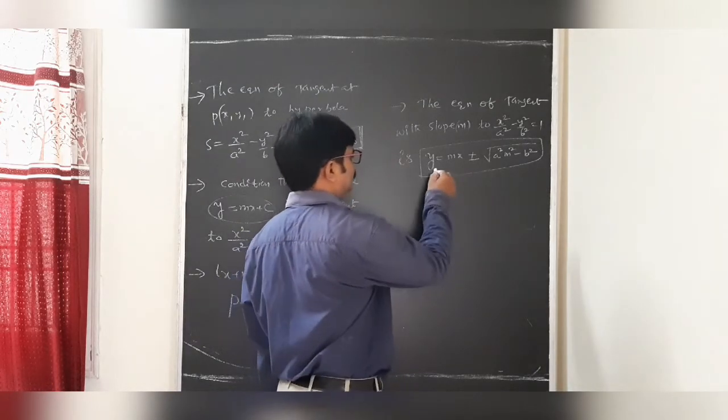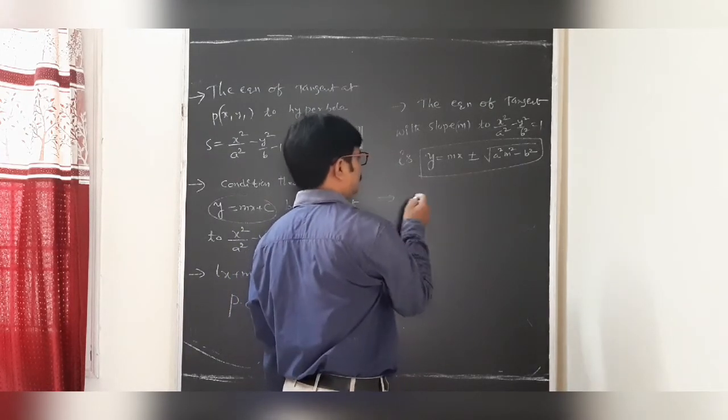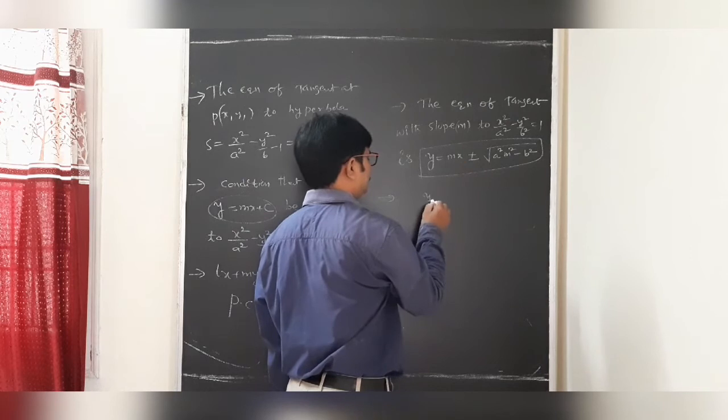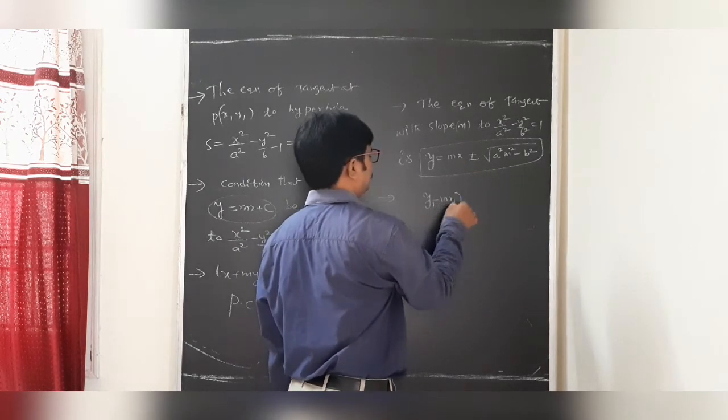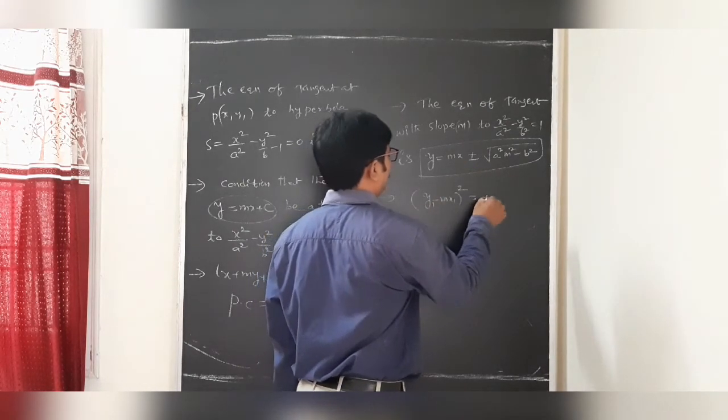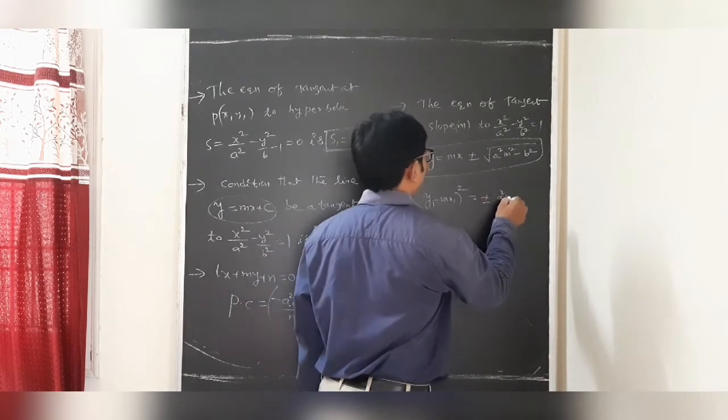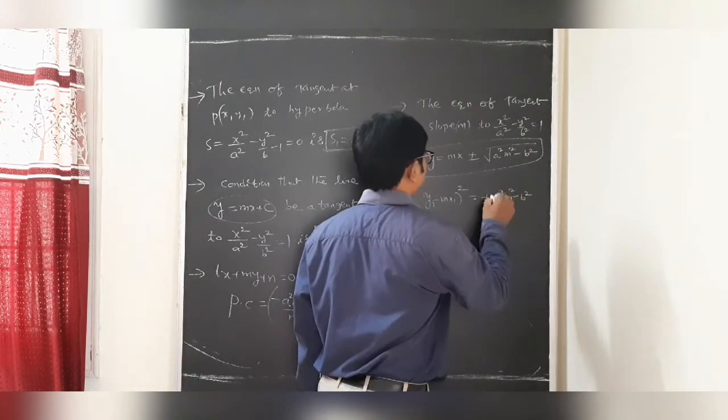Suppose this is passing through x1, y1. Then we write (y1 minus m x1) whole square equal to a square m square minus b square.